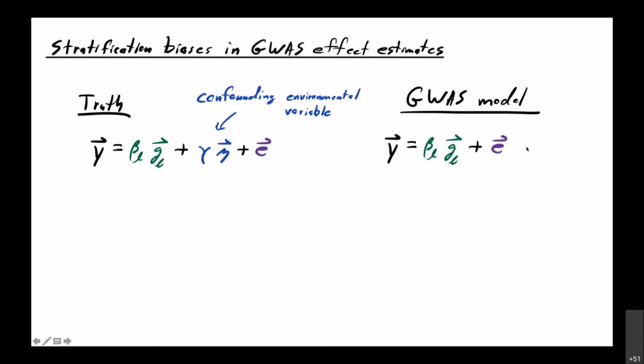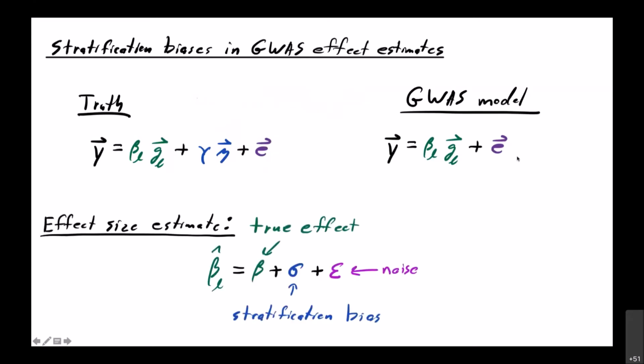And then our GWAS model is just not going to include this confounding environmental variable, right? We just have the effect of our site and our residual error.